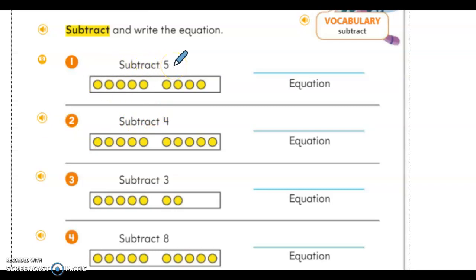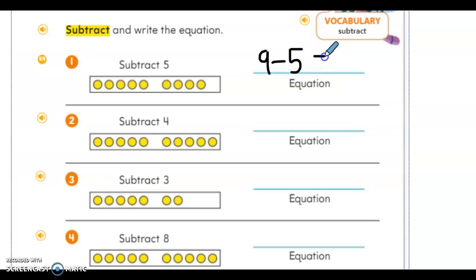We have to figure out how many we're starting with to begin with. So we have 1, 2, 3, 4, 5, 6, 7, 8, 9. That's our first step, 9. That's how many we have total to begin with. Now the directions tell us subtract 5, which we know means minus 5.